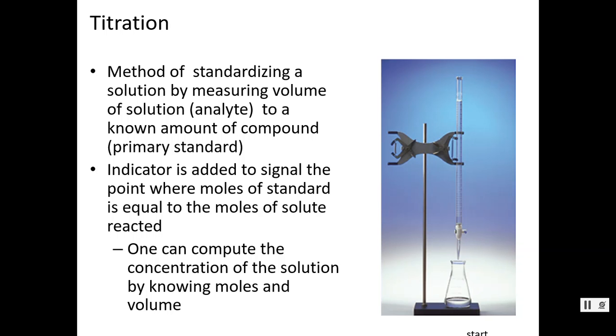And so you may be thinking, okay, well, that's great. How do I know when to stop adding titrant to my flask? That is where an indicator comes into play.